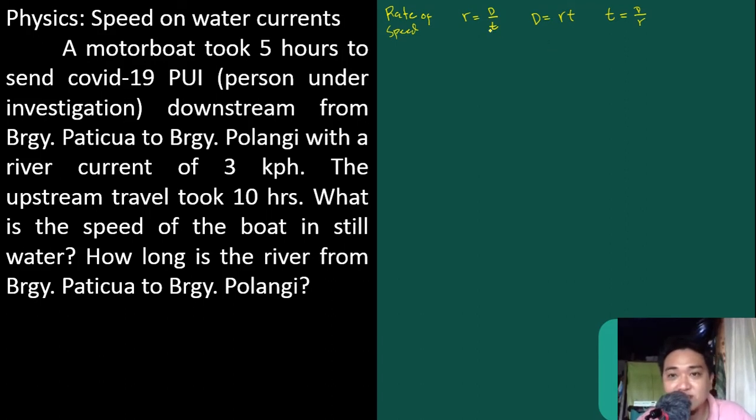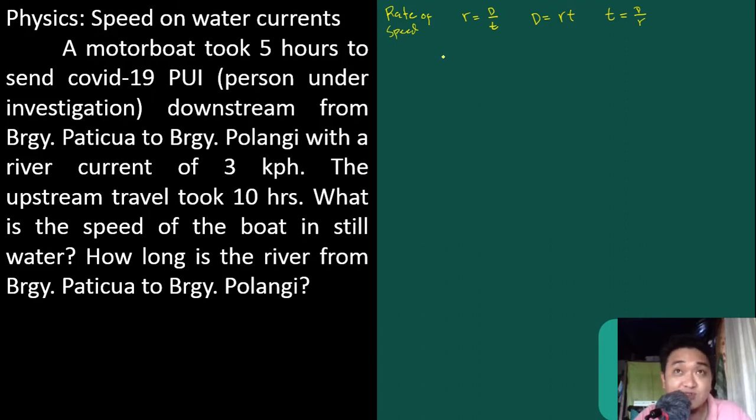Take note, pagka po may mga water currents or what is this? May mga headwind or yung tinatawag nating on air currents naman, tinatawag nating headwinds or tailwinds. Pag may mga ganun po, may mga extra na mga force na nakakaapekto dun sa takbo ng isang bagay.